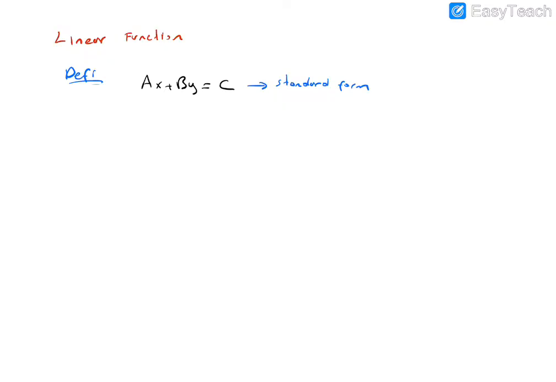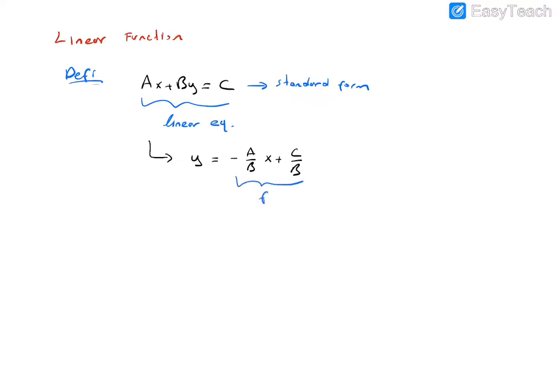This is a linear equation, not a function. If you write this equation in the following form, y equals minus a over b x plus c over b, the right hand side describes a function.